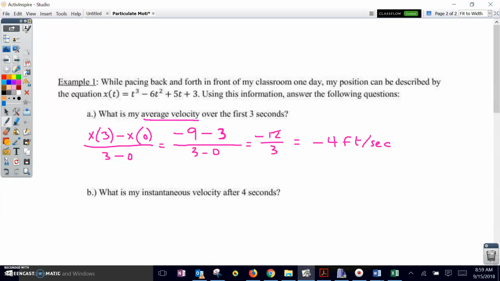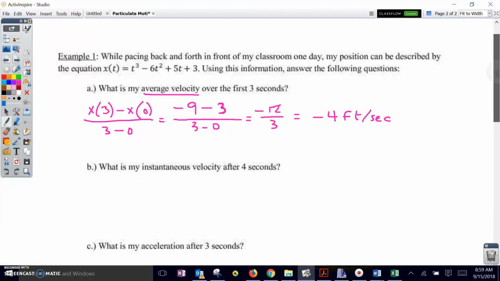Okay? My instantaneous velocity after 4 seconds. In order to find instantaneous velocity, I want to get the velocity function. Velocity is the derivative of position. And so I'm just going to go ahead and take my derivative for this position function with respect to t. It's going to be 3t squared minus 12t plus 5.